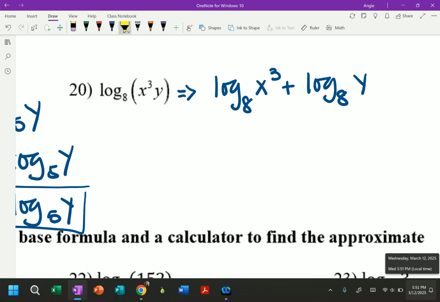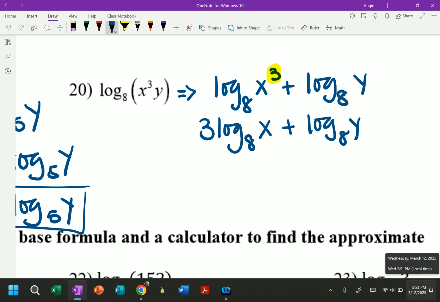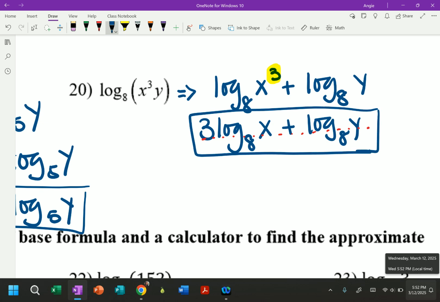We cannot have any exponents, so that will need to be dropped down as a multiplication, aka coefficient. So 3 times log base 8 of x plus log base 8 of y. Now I want you guys to pay attention. Are your bases subscripts? So make sure that's below the word log. Box that up if it is. If it's not, correct it, please.